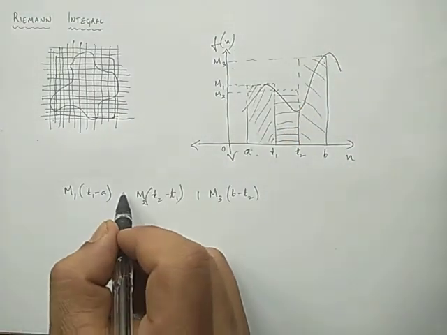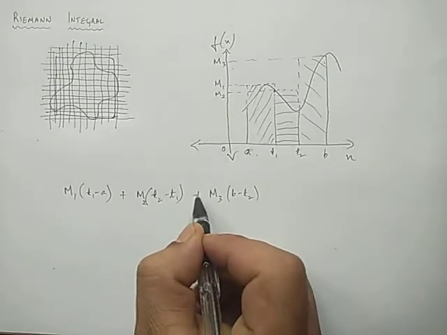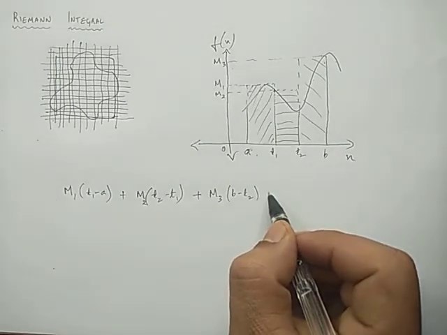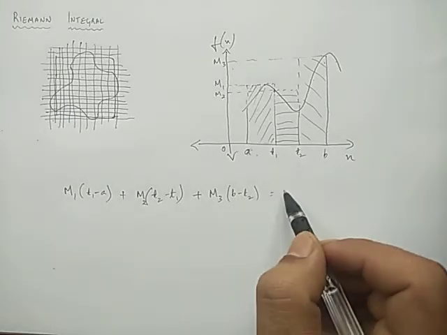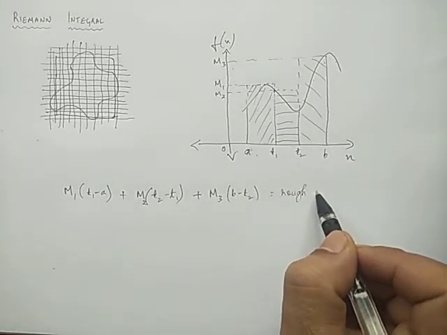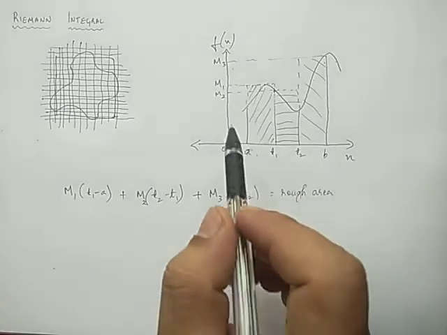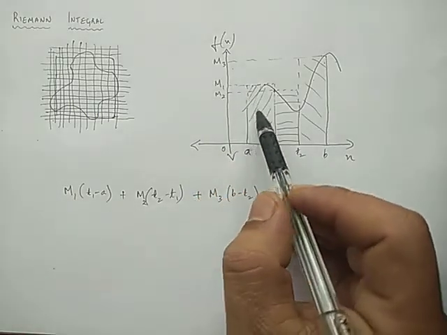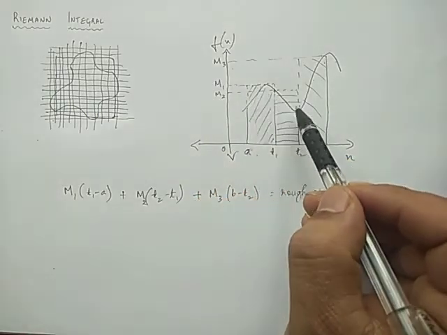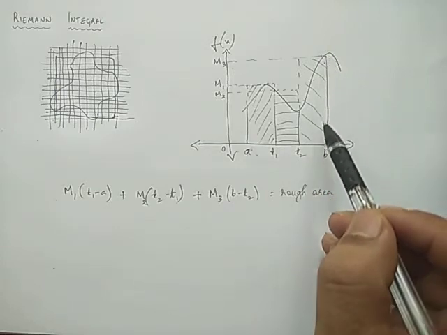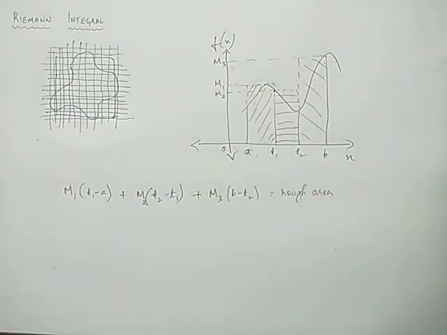If I add all these three areas, then I will get the rough area of the surface bounded by this curve, this line, and this line.